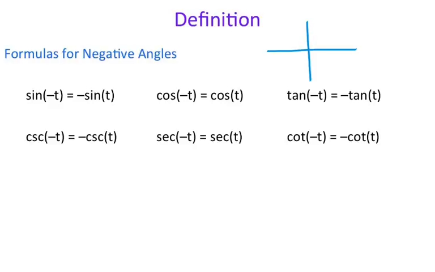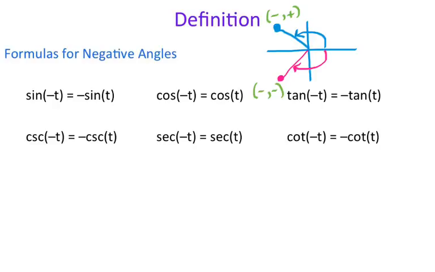Let's say I have my original angle over here, just like we did with the last example. And I am looking at negative t, which is going in the opposite direction. So my original point had the coordinates negative, positive. My new point has the coordinates negative, negative.